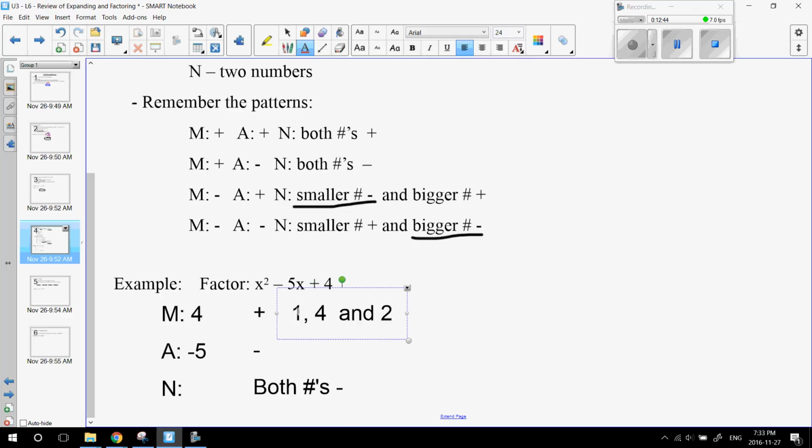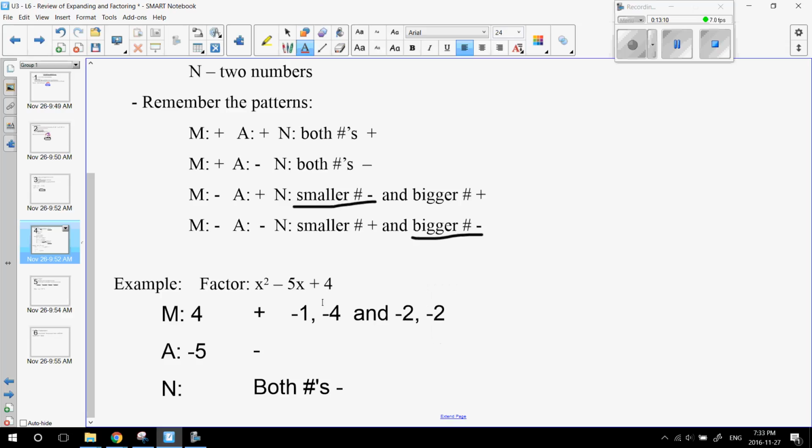And we can do 2 times 2, that also gives us 4. So our only options are either 1 and 4 or 2 and 2. Then we know that both of our numbers have to be negative from our original pattern. So let's put negatives on those numbers: negative 1 and negative 4, or negative 2 and negative 2.